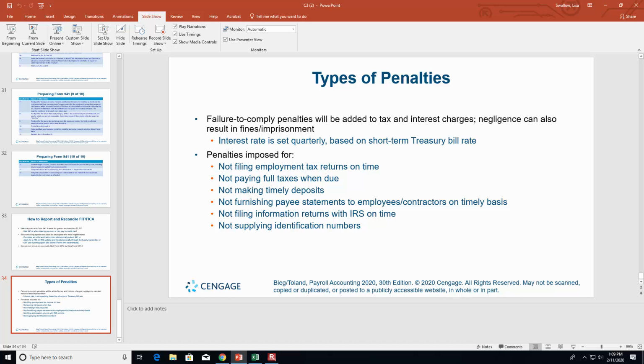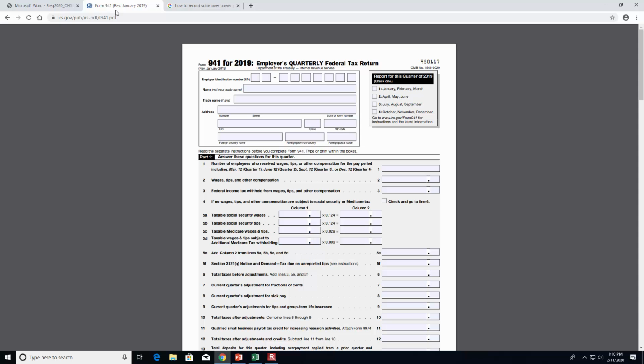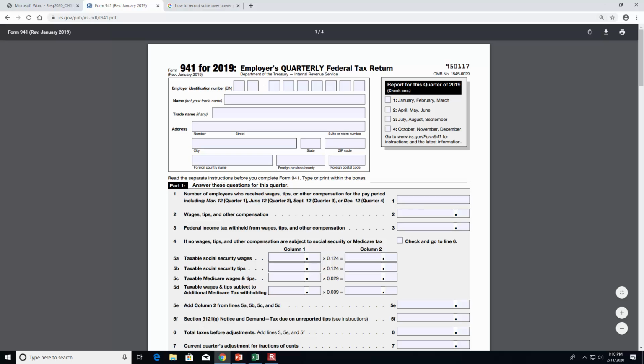Okay, so let's get out our 941s. You're going to have that sitting in front of you. You're going to have it on your screen, or I guess you can just look on my screen. Oh, you have extra ones. That's cool. Okay, so here's the 941.